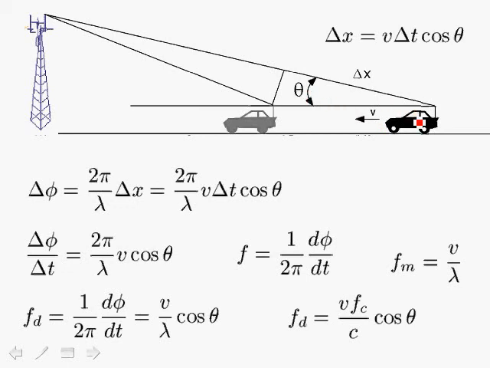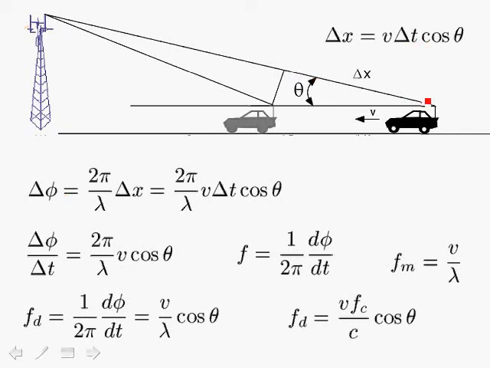If you look at the vehicle at this position here and at the position where it moves, we see that at a time delta t, the vehicle with velocity v will move a distance v delta t, which is this distance here, and delta x, which is the difference in distance between the two positions from the base station antenna, is equal to v delta t cosine theta, as shown over here. So delta x is equal to v delta t times cosine of theta.